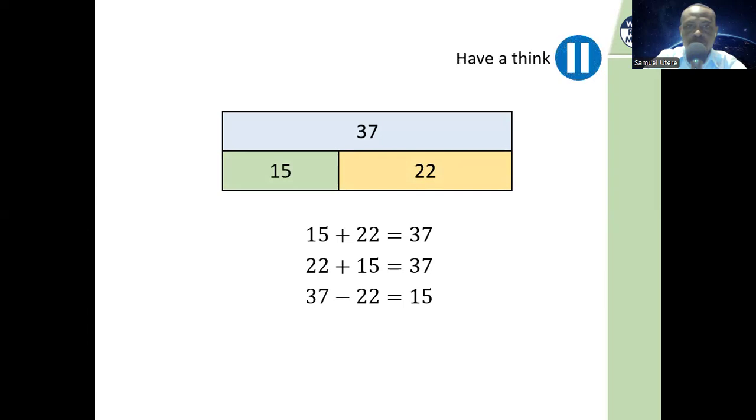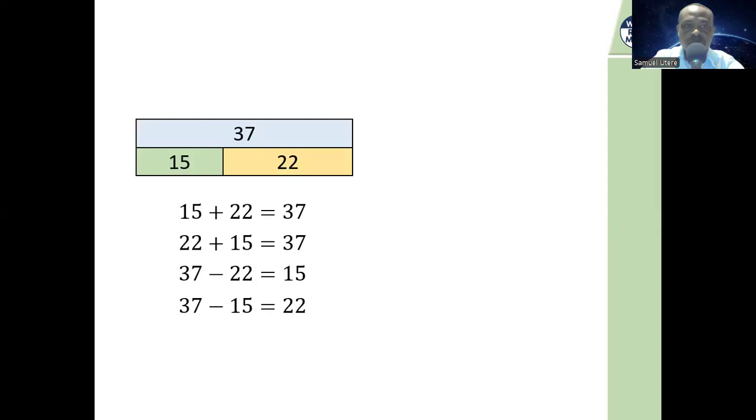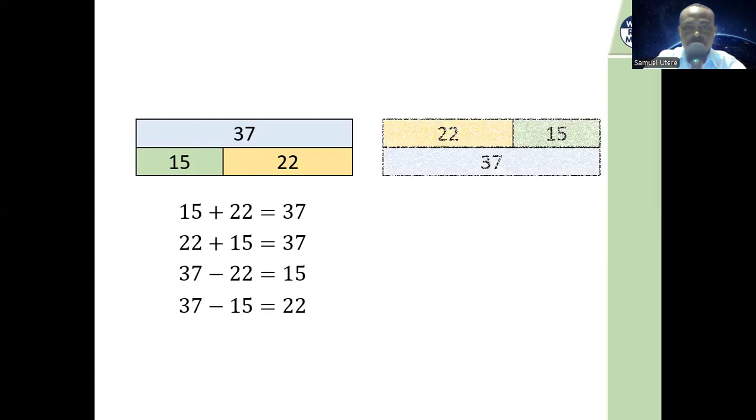We can also spot 37 subtract 15 is equal to 22. So these are the 4 fact families that we can find from this bar model. What about this one?